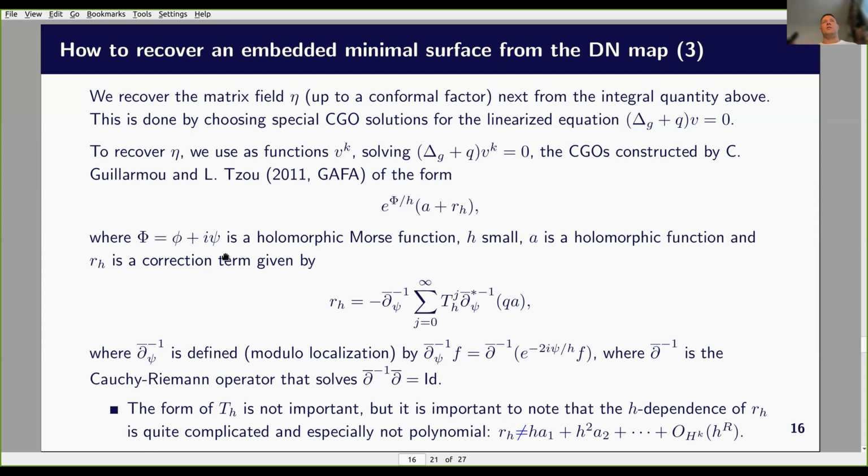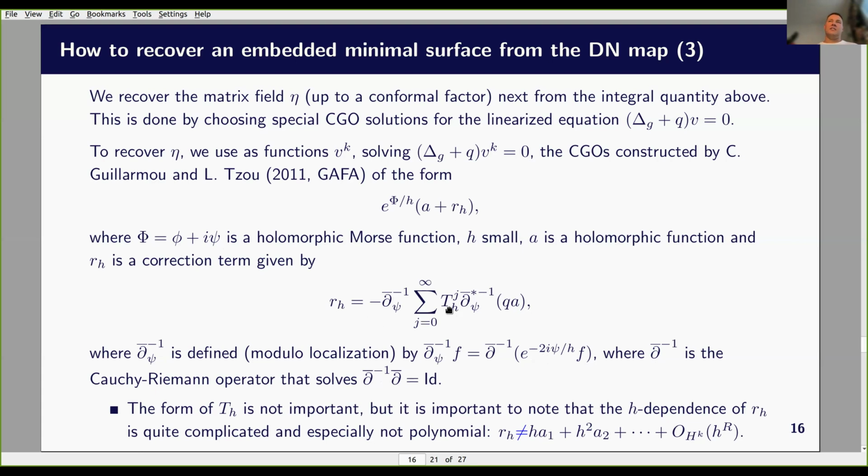Psi is the imaginary part of the phase function. And here the dbar^{-1} is just the normal Cauchy-Riemann operator in the complex plane. Especially, it solves the equation dbar^{-1} dbar is the identity.